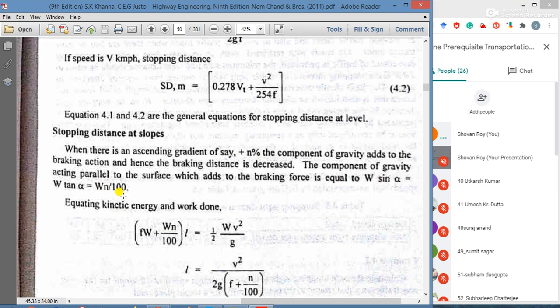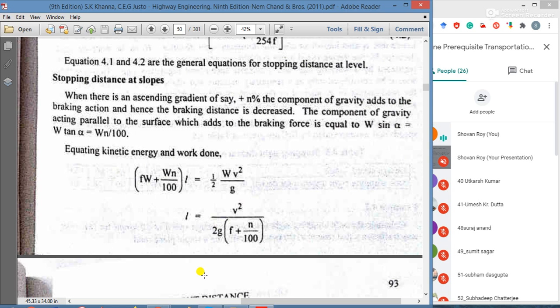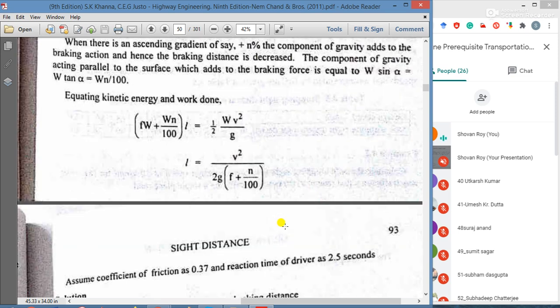Now equating kinetic energy and work done, this is the theory portion. This will not come to proof, but for understanding we will go through this. So Fw plus Wn by 100 into L equals the kinetic energy, half into Wv square by g, or Wv square by 2g. So L is v square by 2g into f plus n by 100.